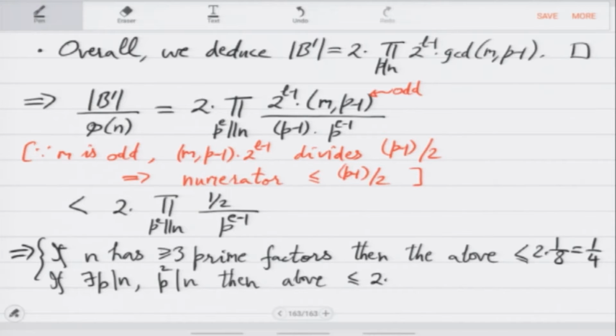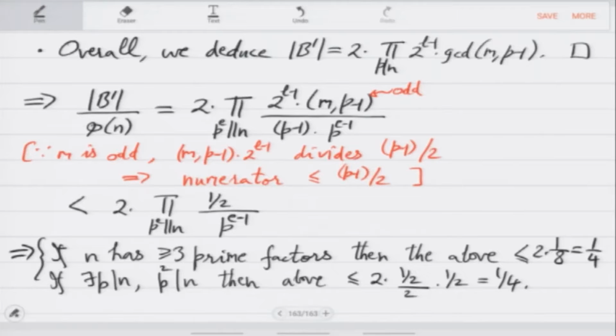So this one contribution will already be half divided by 2, because p raised to e minus 1 will be at least p, which is at least 2, and the other will give you at least half, so which is again 1 by 4. Okay, so these are good cases.